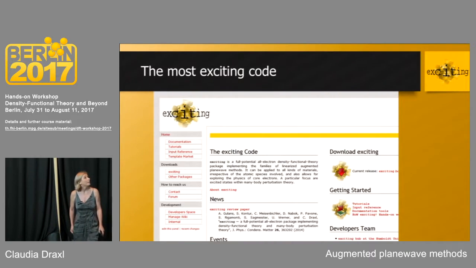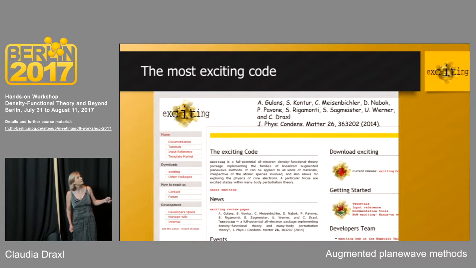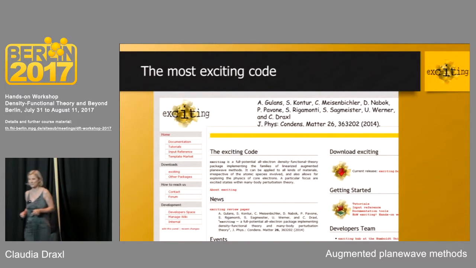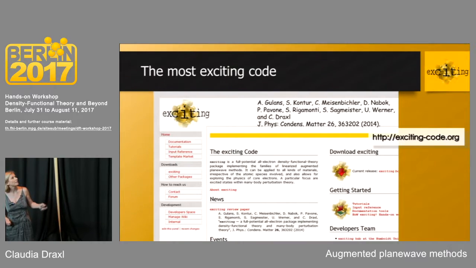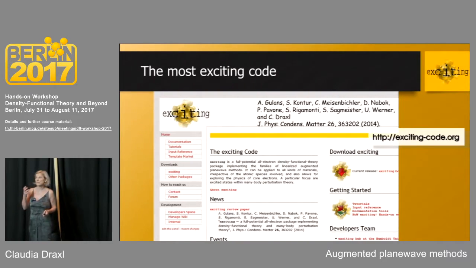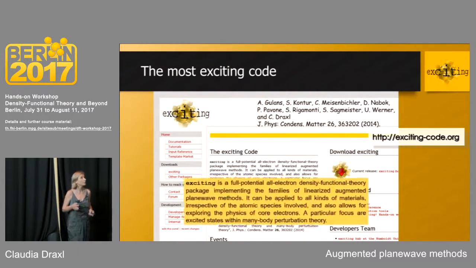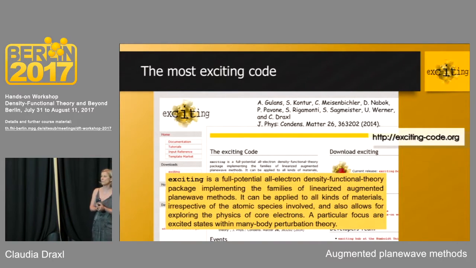The way we have implemented this methodology, you can look up in, for instance, this paper. It's the most exciting code, of course, because it's called exciting. You can also visit the web page. In essence, it's a full potential all-electron code. It implements all these flavors of APW, LAPW, and LO that I've described right now.